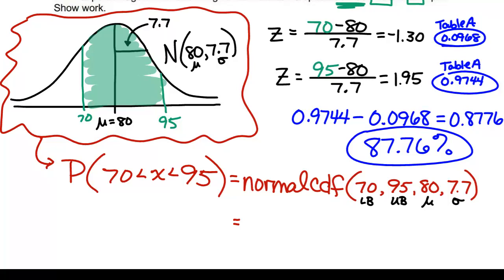Put in your mean, and then a comma, and your standard deviation of 7.7. And then close your parentheses, and hit enter. What'd you get? 0.87727. So 0.8773.